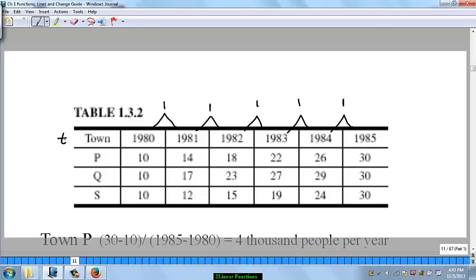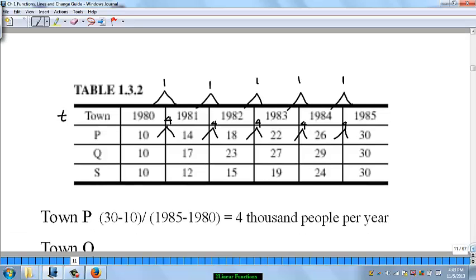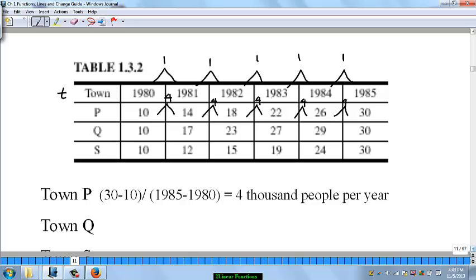Now here's my towns. I have P, Q, and S. Now let's do P first. So I'm just going to do a caret in here. If I did this, I'd see this has gone up 4, gone up 4, gone up 4. See how this is really consistent? So you can say, oh, this went up 4,000 people per year. And this is what I want you to see. Because this town P are my y's, you're really doing slope is delta y over delta x, or if you will, you're doing delta P over delta t.